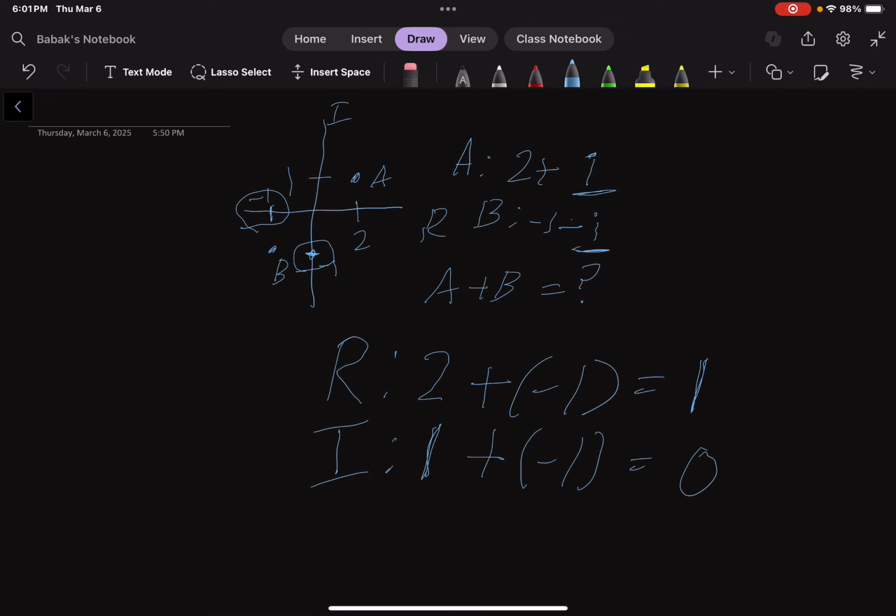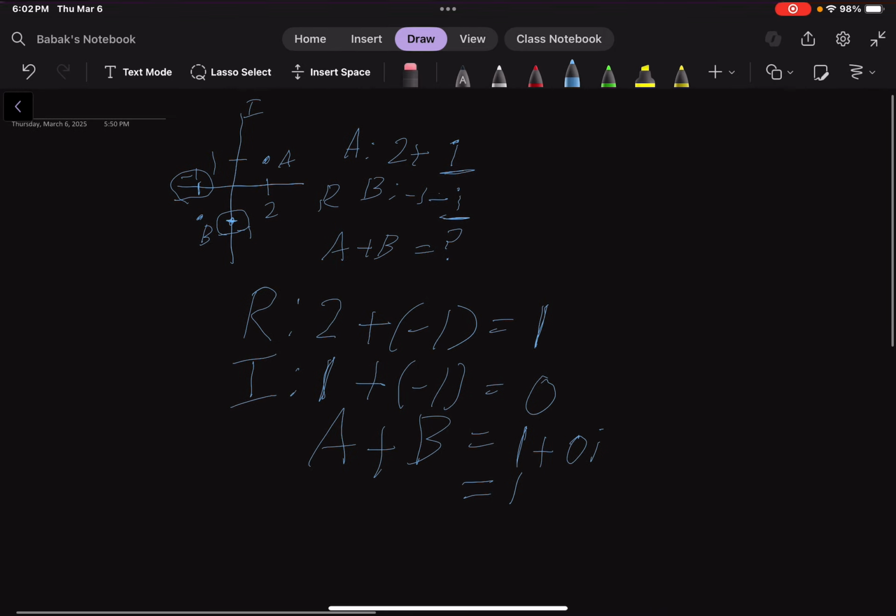So, in essence, we would write A plus B as first the sum of the real parts, which is 1, plus the imaginary part, which would be 0i, or just 1. Now, the important thing to take away from this is that you can add up complex numbers, but you have to deal with them component-wise. You cannot add the imaginary part to the real part, and they do not interfere with one another.